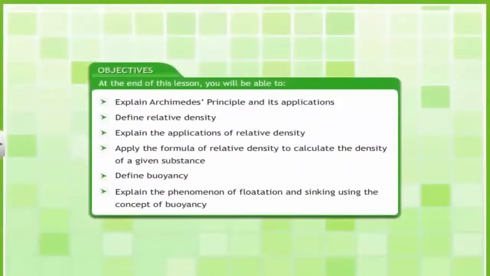At the end of this lesson, you will be able to explain Archimedes' principle and its applications, to find relative density, explain the applications of relative density, apply the formula of relative density to calculate the density of a given substance, define buoyancy, and explain the phenomenon of flotation and sinking using the concept of buoyancy.